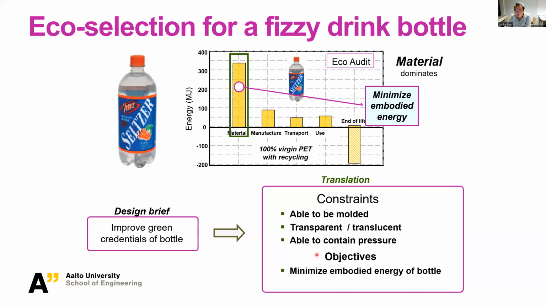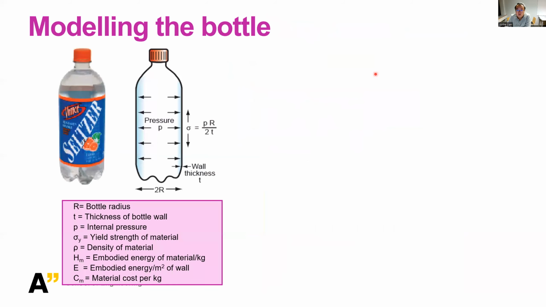And the objective is simple: we want to be more eco-friendly. We want to minimize the embodied energy of the bottle, basically using the eco-audit tool. So here is a little bit about this calculation, because we have one constraint which is about containing a certain pressure, and you should know the pressure and how this pressure will be related to our material requirements, right?